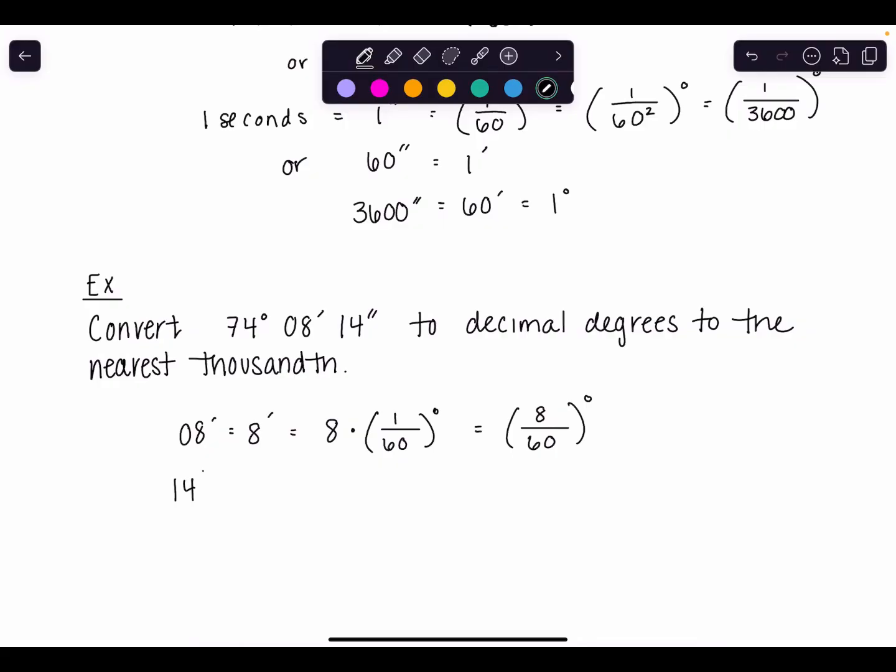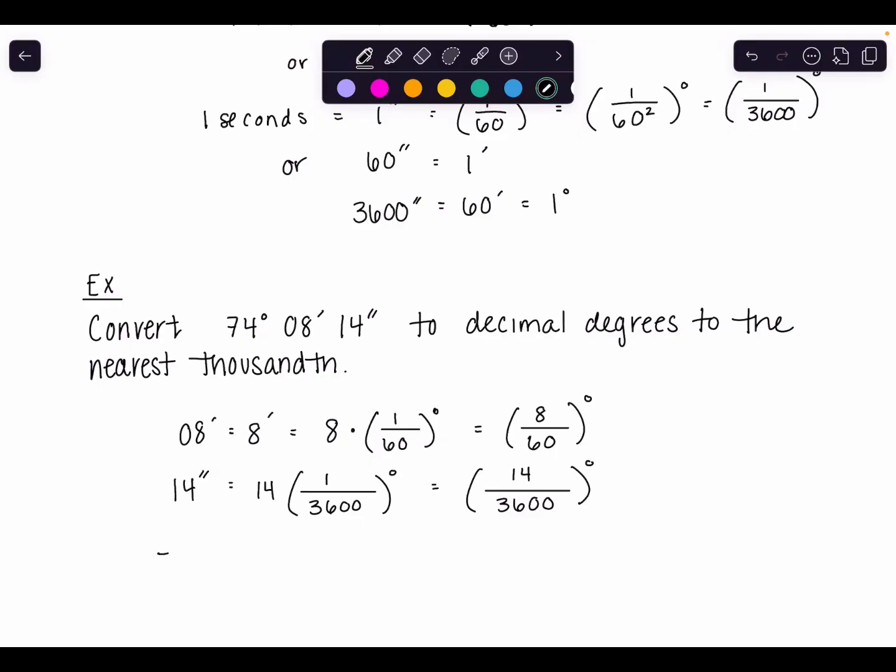The 14 seconds is really 14 out of how many seconds there are in an hour. So you take 14 and times it by the fact that there are 3,600 seconds in an hour. So 14 seconds is equivalent to 14 over 3,600. Okay.